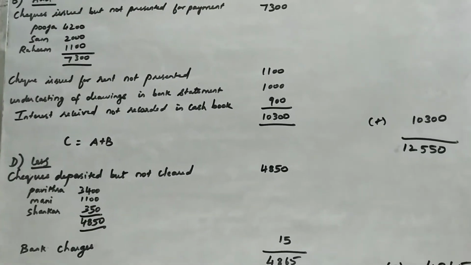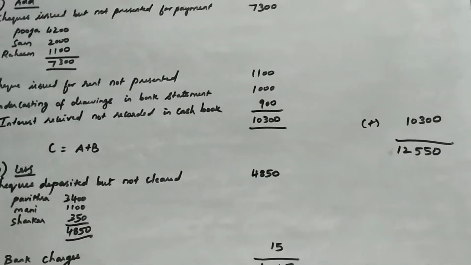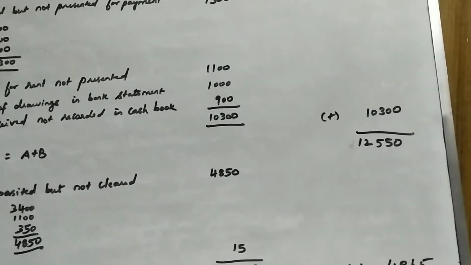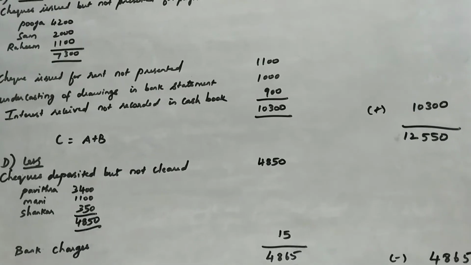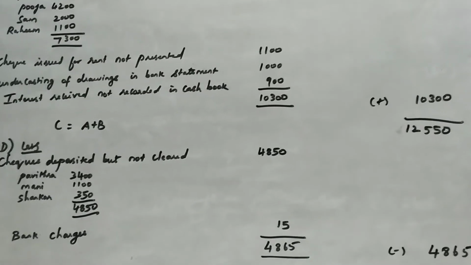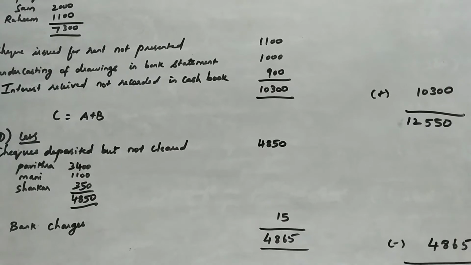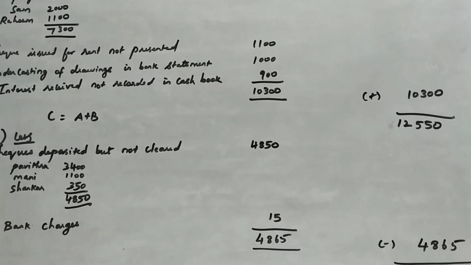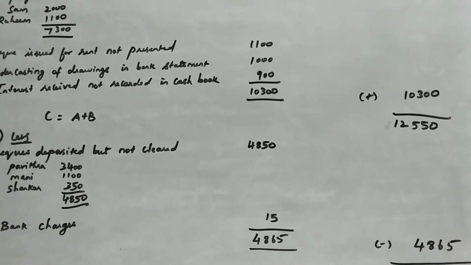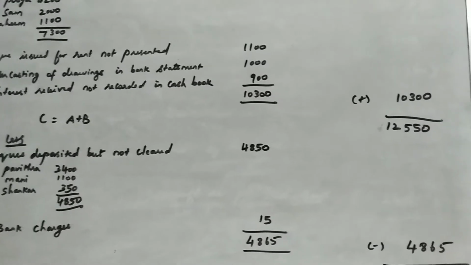Then drawings, I told you, we have deducted 1,700 from our cash book, but only 700 has been recorded in our bank statement.